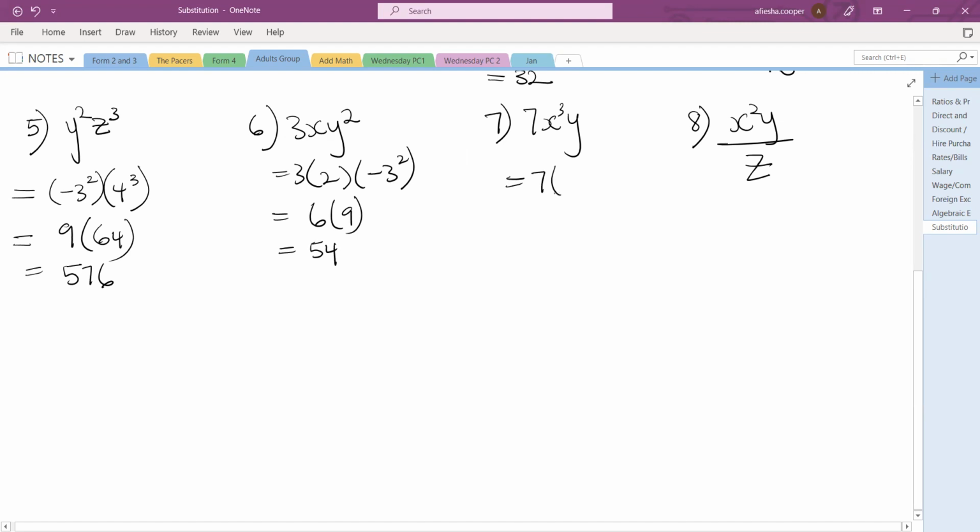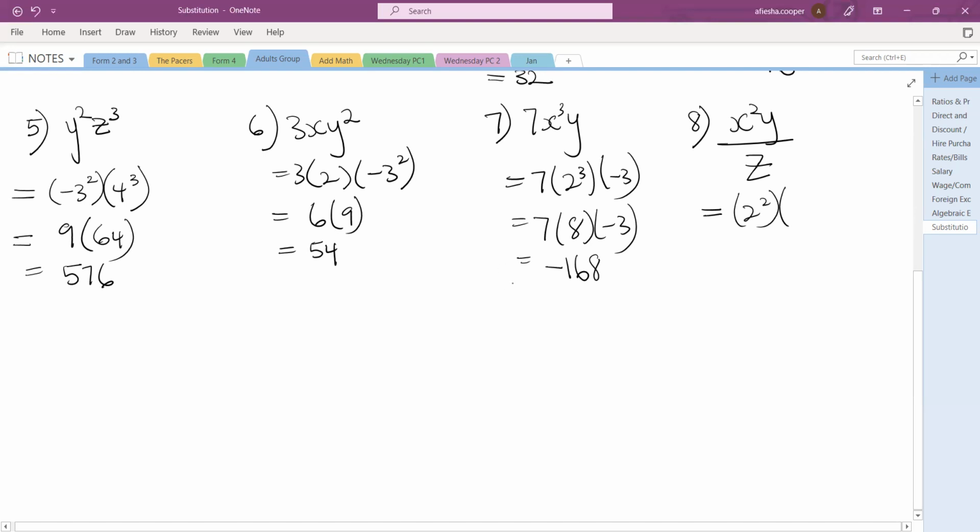Now we have 7 by x, which is 2, 2 cubed, by y, which is -3, right? So 7 by 2 cubed is 8, by -3. So 7 by 8 by -3 will give us a product of -168.